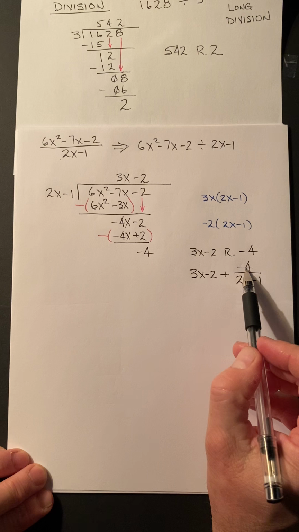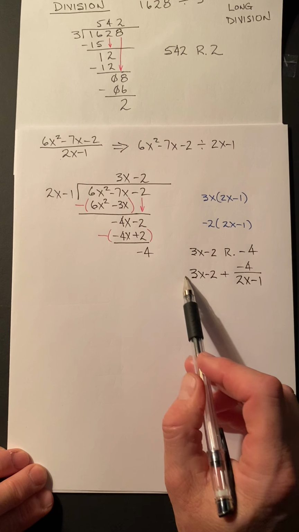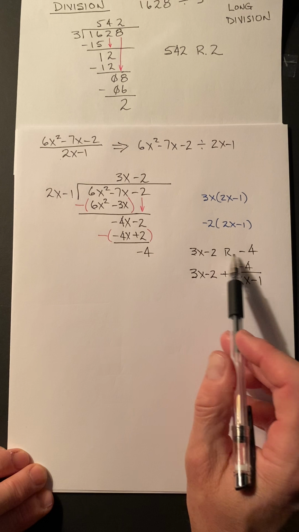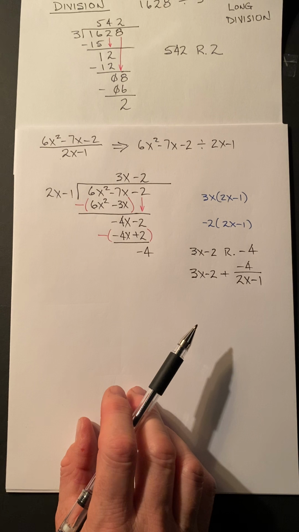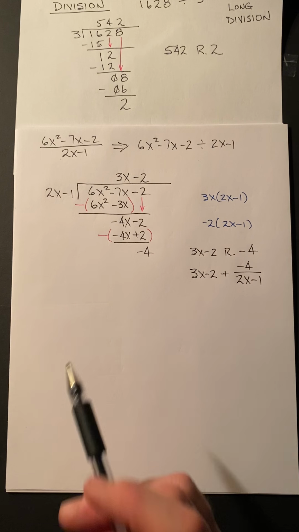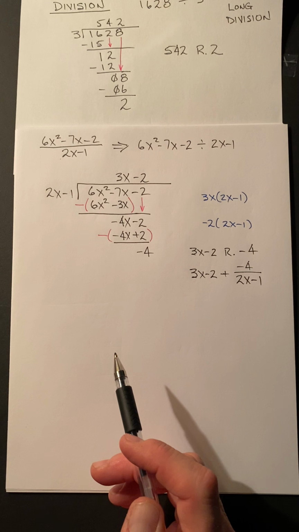So I could have pulled the minus out and had to subtract this, but this is my form. My answer plus the remainder over what I am dividing in, okay? So this time I got a remainder. We won't always get a remainder.